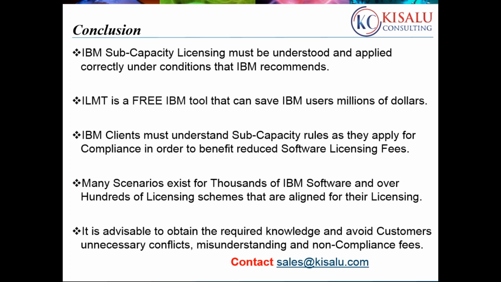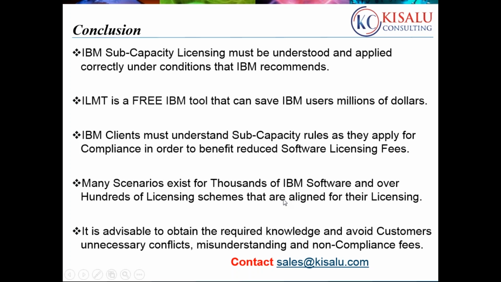To conclude, sub-capacity licensing must be understood and applied correctly under the conditions that IBM recommends. We know now very well that ILMT is free and can save millions, like we've seen. IBM clients must understand the sub-capacity rules as they apply for compliance, to benefit from reduced software license fees.